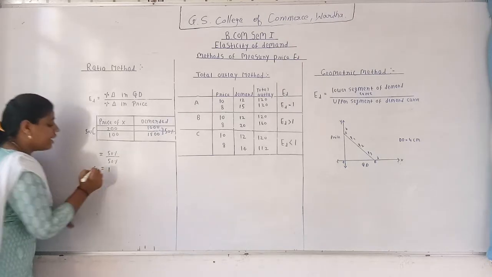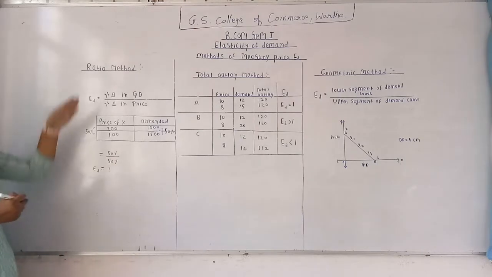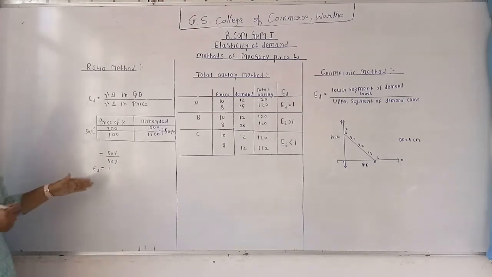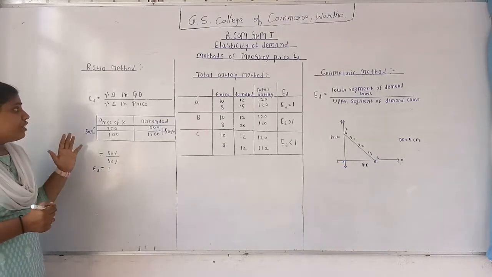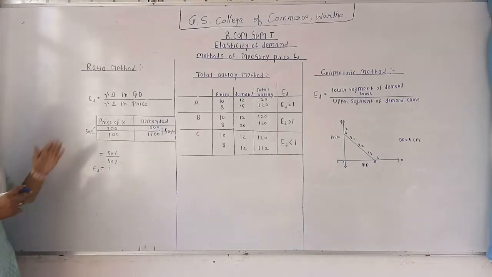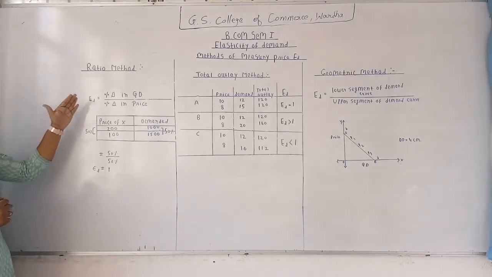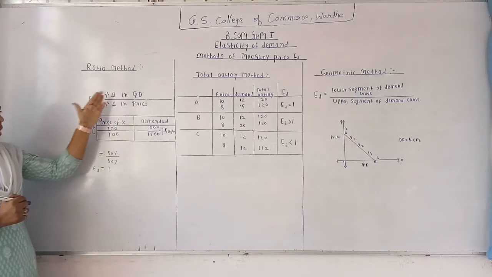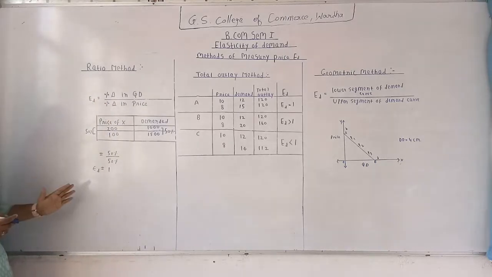So here the elasticity of demand is 1. In this way, under the ratio method, elasticity of demand is calculated: we divide percentage change in quantity demanded by percentage change in price. I hope you have understood the ratio method.